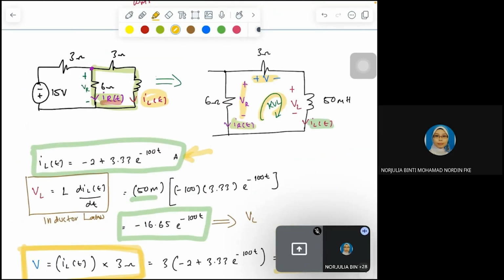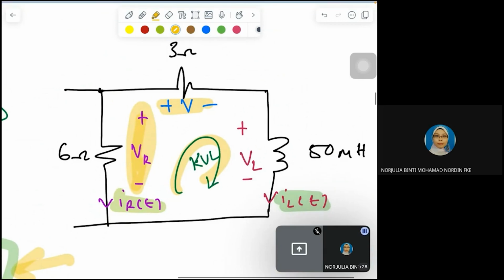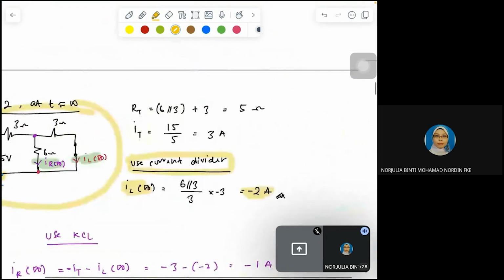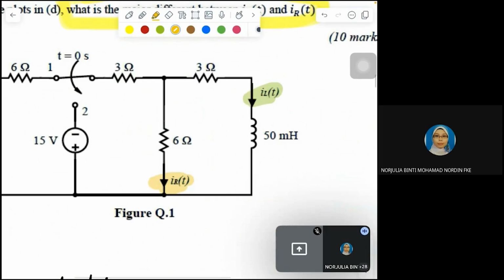So to determine this particular polarity, you need to look at the original circuit. Based on this original circuit, your IR is going down.